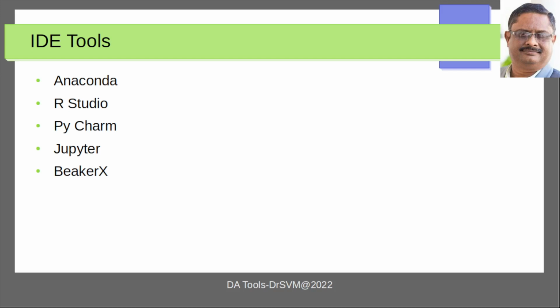Among the IDE tools for working with any programming language, one of the commonly used tools is Anaconda. It works for all the Python related coding; Python and its related packages are all made available through the Anaconda environment.